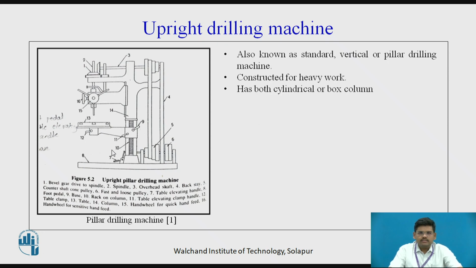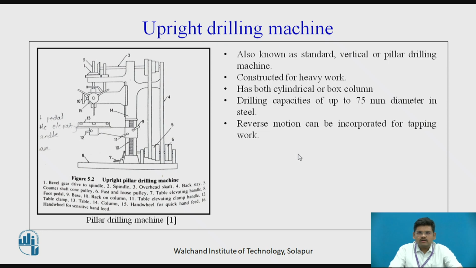Here, as you see, this column will be either cylindrical or box type. Depending upon the nature of the job that you will be performing, the cross section is decided. Drilling capacities of up to 75 mm diameter can be obtained in steel.